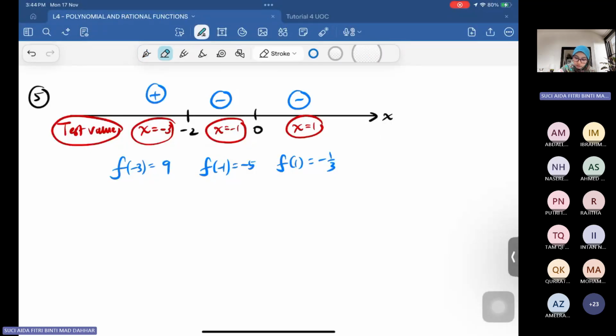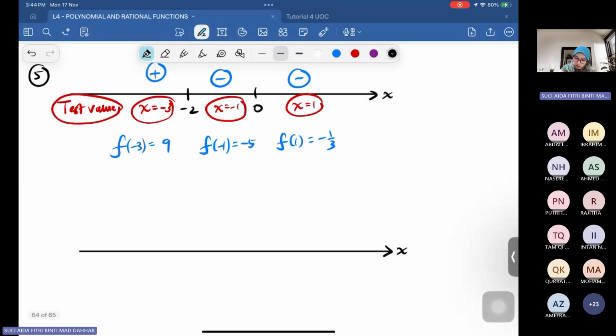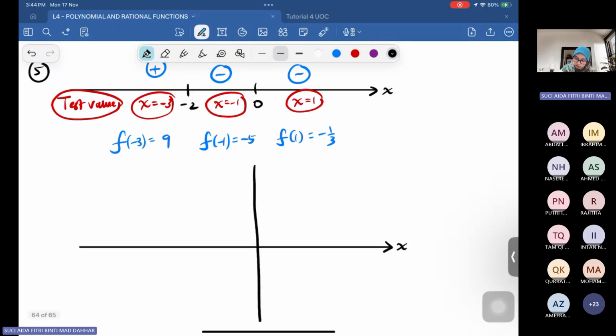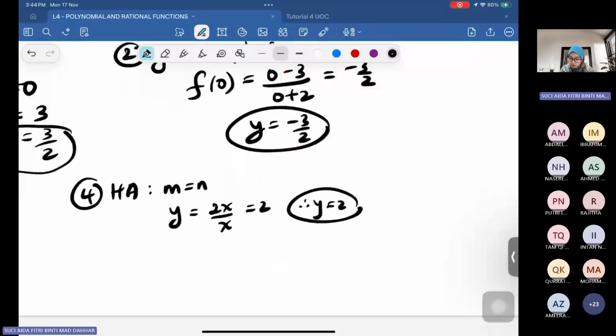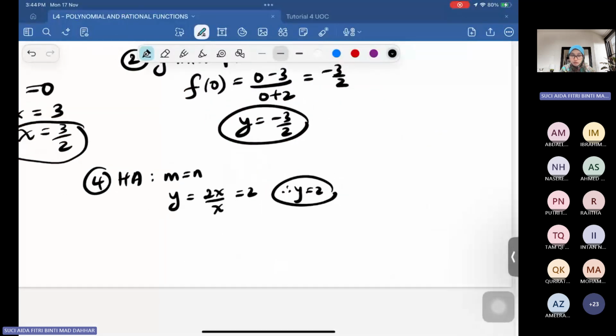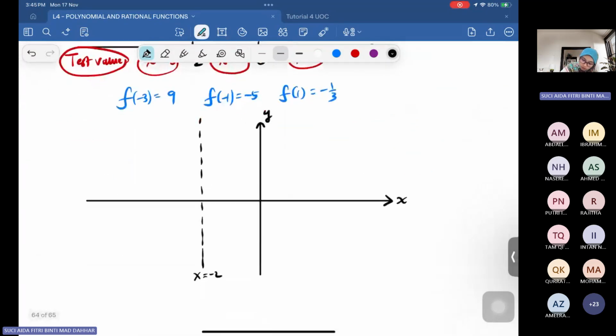Now we are ready to sketch the graph. So x-axis, y-axis is at 0. And then the asymptote is at x equals to negative 2. The horizontal asymptote is at y equals to 2. Let me draw.